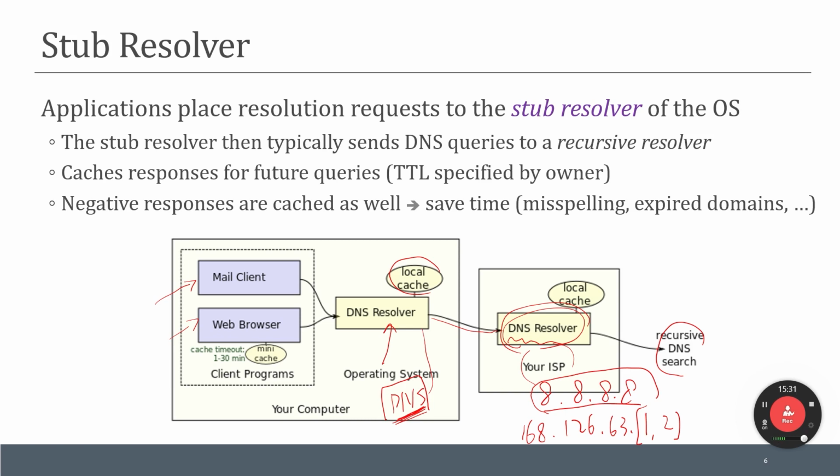Anyways, applications place a resolution request to the stub resolver of the operating system. And the stub resolver then typically sends DNS queries to a recursive resolver. So in this case, this one is a recursive resolver.